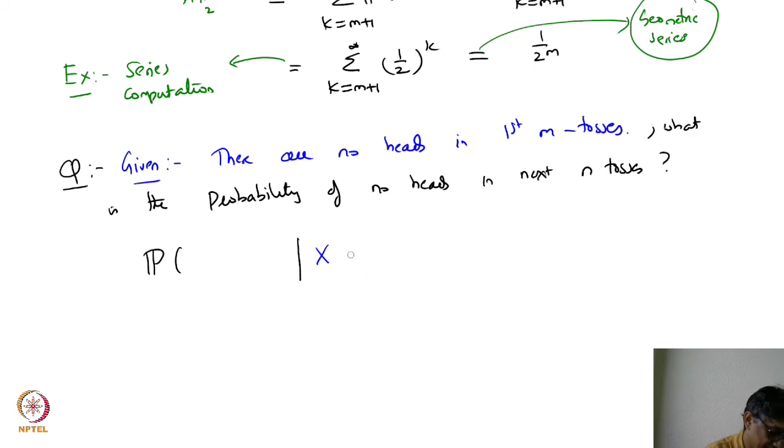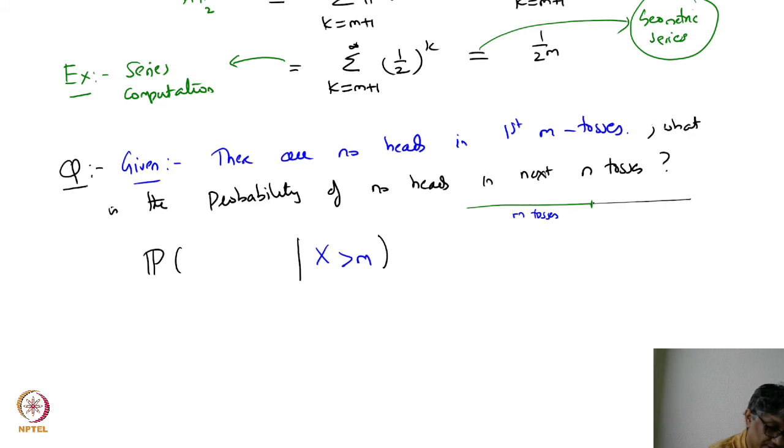And then what I want to understand is no heads in the next n tosses. That means I've already waited till m, so until m there are no heads, and then I want to wait another n.